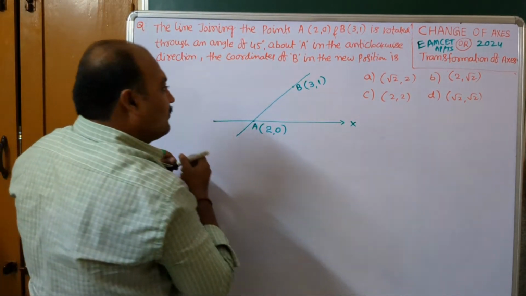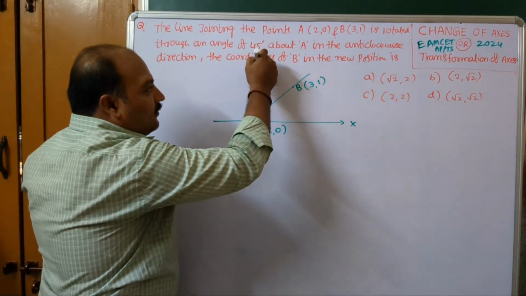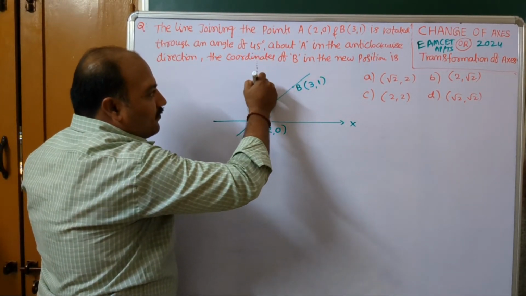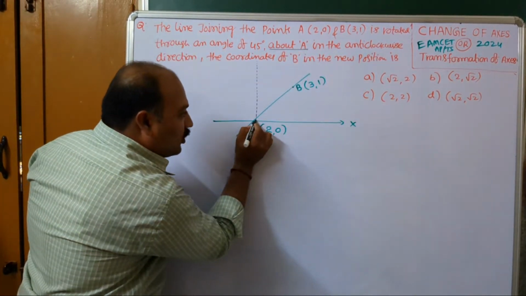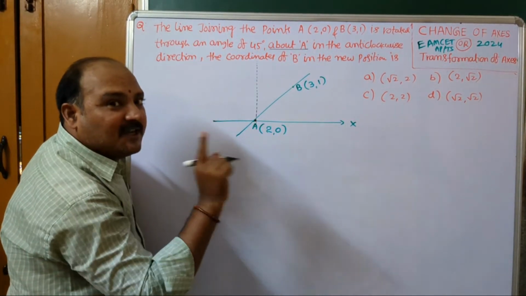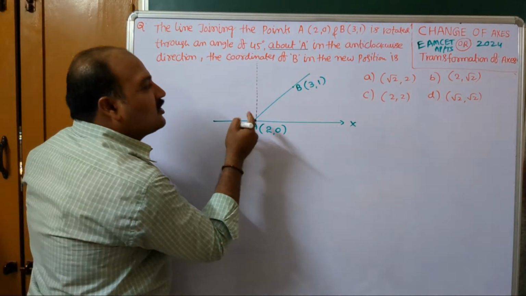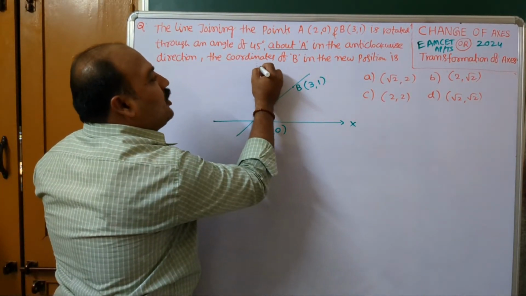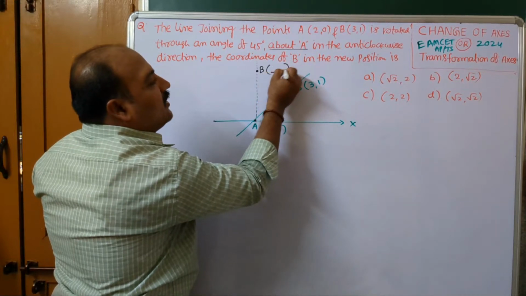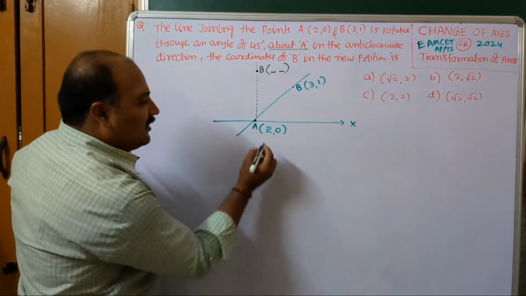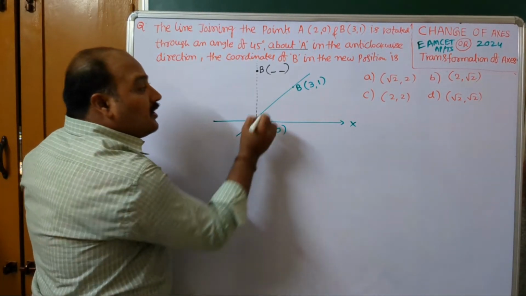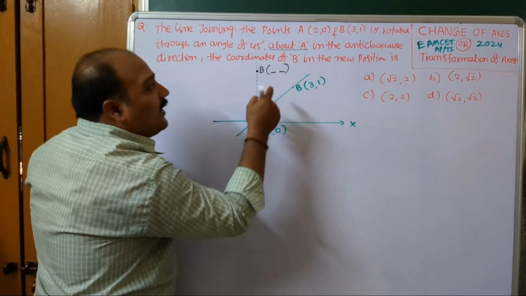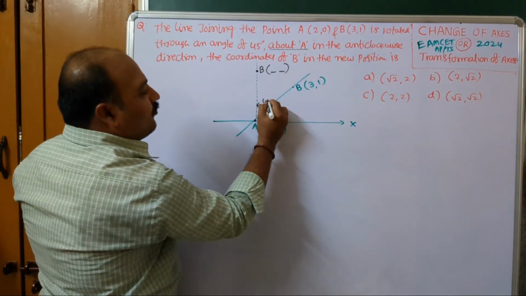Okay, dear students? About A only they are saying, about A. So this point is not changing. This A point is not changing. What is the new position of B? These values they are asking. So this one is the old point. How much angle is it rotating? 45 degrees.